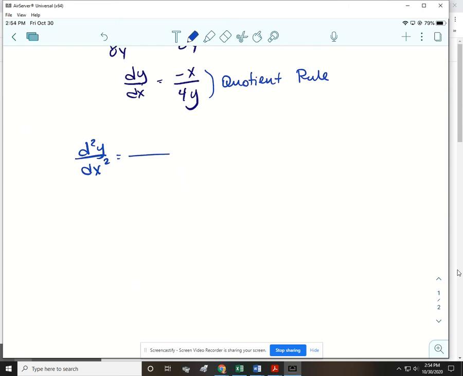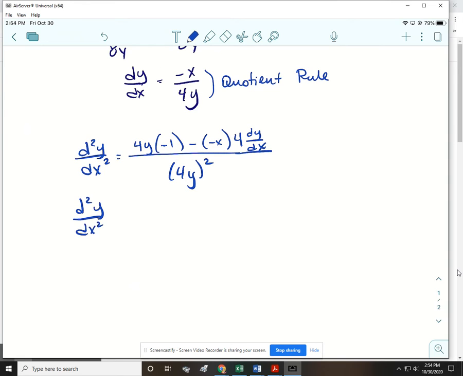So we have low d high minus high d low over low squared. All right, then we'll clean it up a little bit.